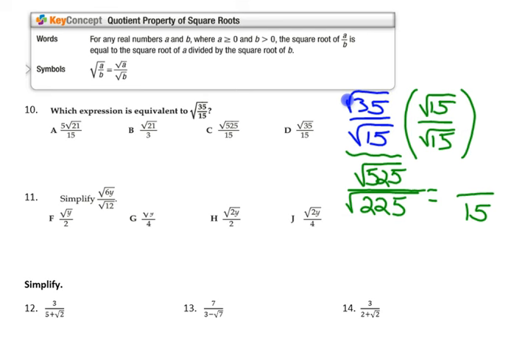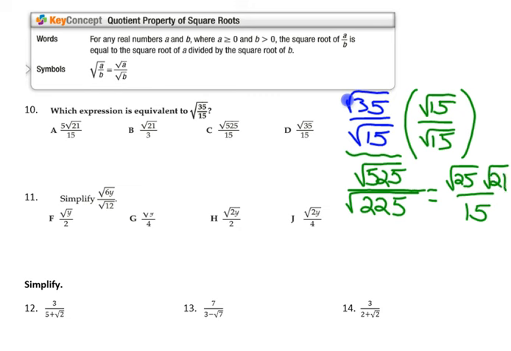I'm going to check to see, is 525 a perfect square? And it is not. So now I'm going to see, is there anything that can go into that? And my guess is 25 goes in. Yes, 21 times. So just like I did before, I'm going to break this up into 25 and 21.